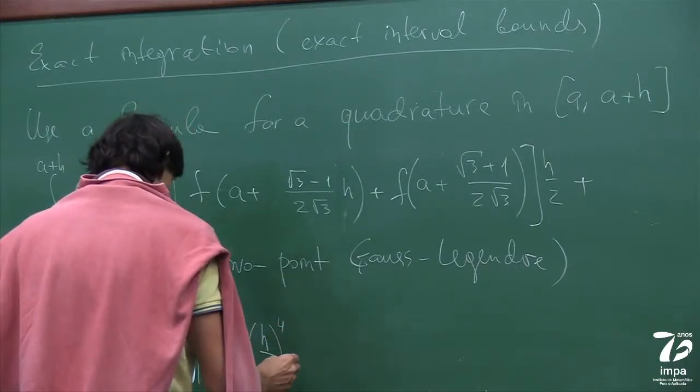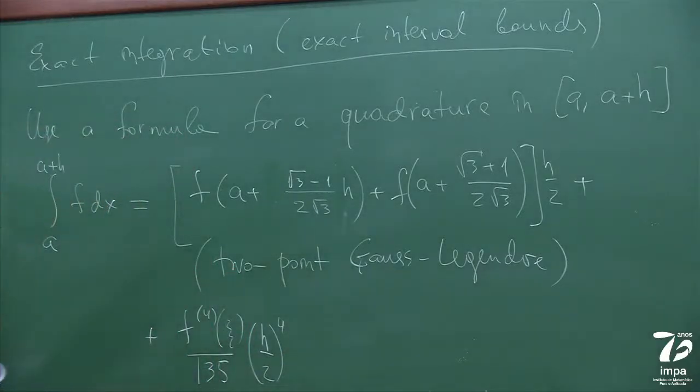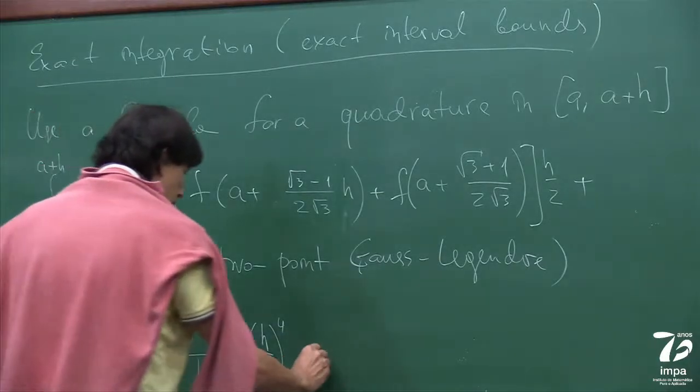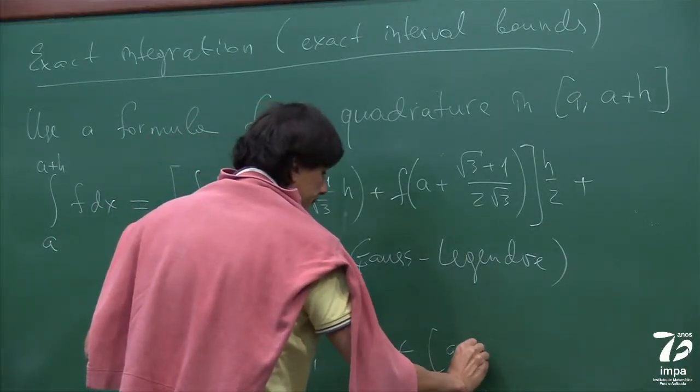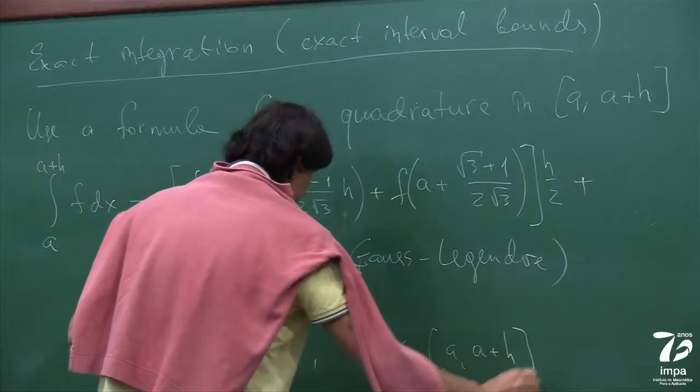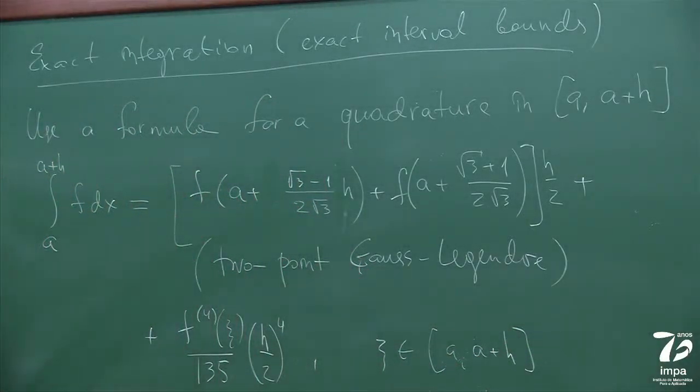I think this should be this. I'm trying to readapt the formula from -1 to 1 directly. What is here is that psi is some point in the interval. So we just have a formula which is exact.